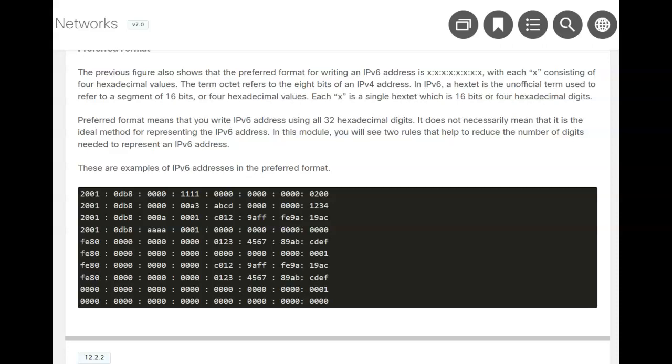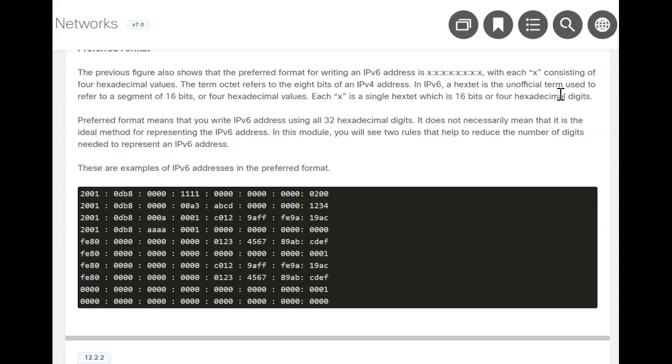With IPv6, a hextet is the unofficial term used for 16 bits. I don't like using it very much, but it's just a way of wrapping our head around that number. Each x in this address represents 16 bits or 4 hex digits. So the preferred format means you're writing an IPv6 address using all 32 hex digits.